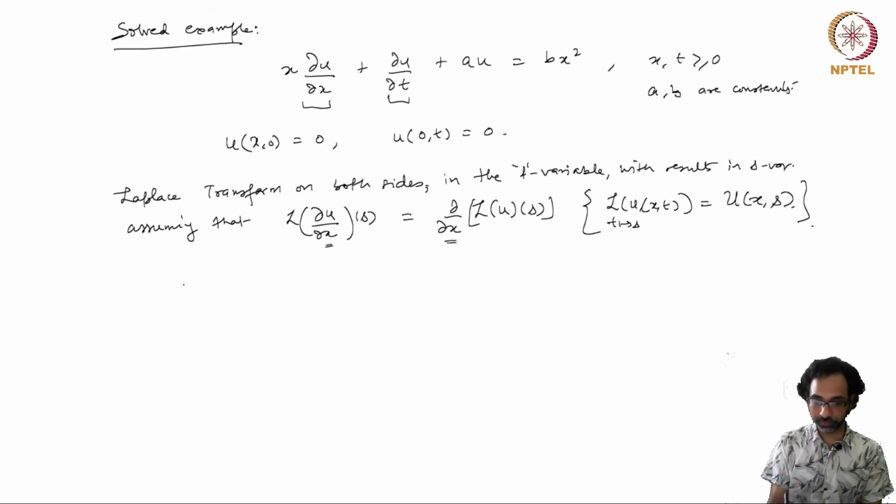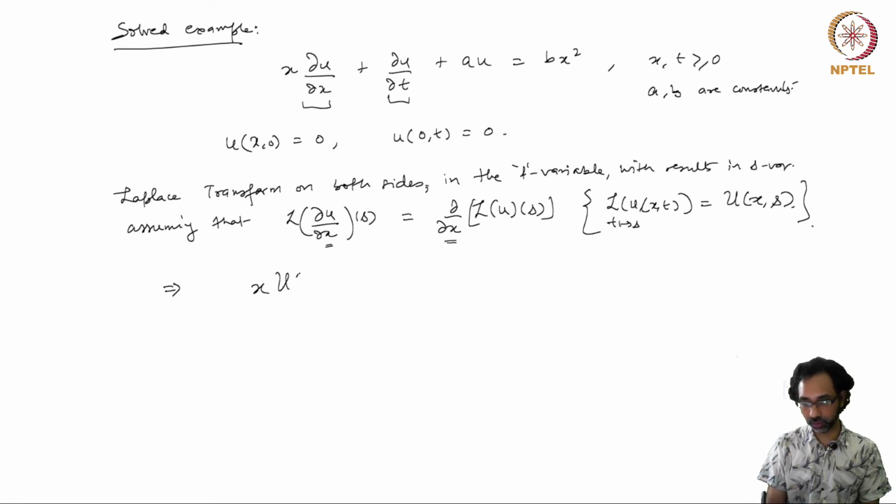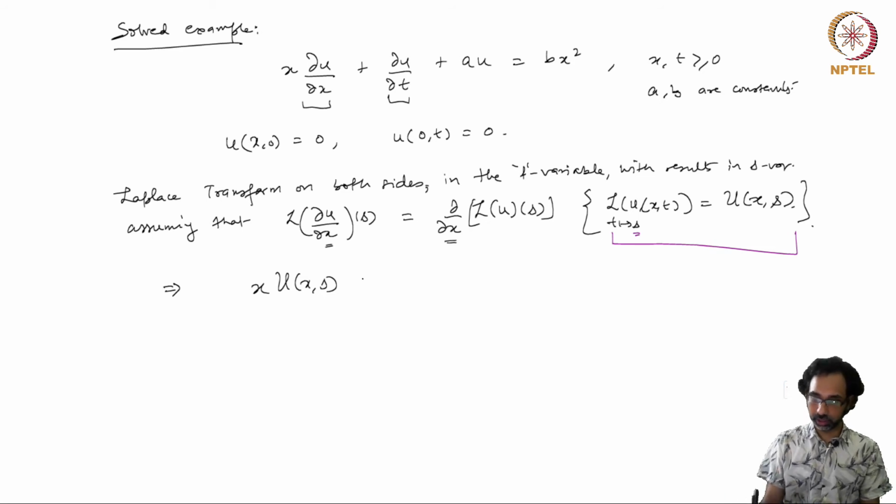So with this we will have x times capital U(x,s), where capital U is our Laplace transform with respect to the t variable with results in the s variable. Then we have the derivative del u over del t. This is a partial derivative with respect to the variable in which we are taking the Laplace transform, so we can apply the derivative theorem here.